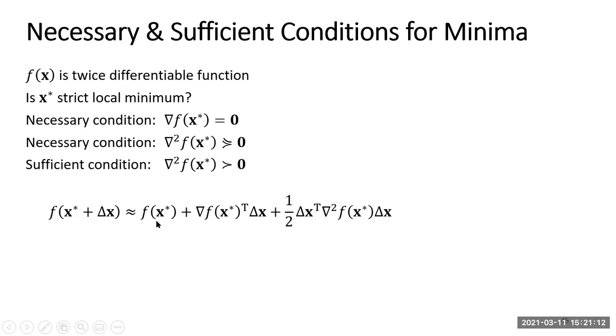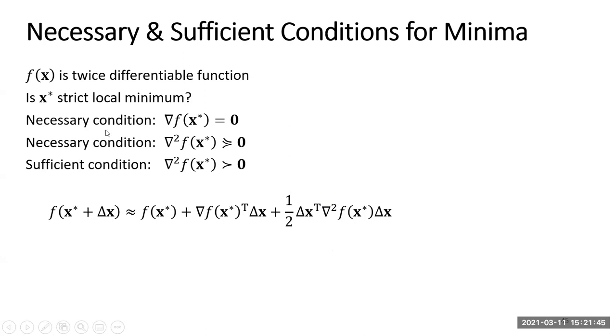From Taylor series expansion, this is equal to f of x star plus the derivative of f at x star transpose delta x, plus half delta x transpose times the Hessian del square f of x star times delta x. This is a matrix, so delta x transpose Hessian delta x, half of that. So this is the Taylor series approximation.